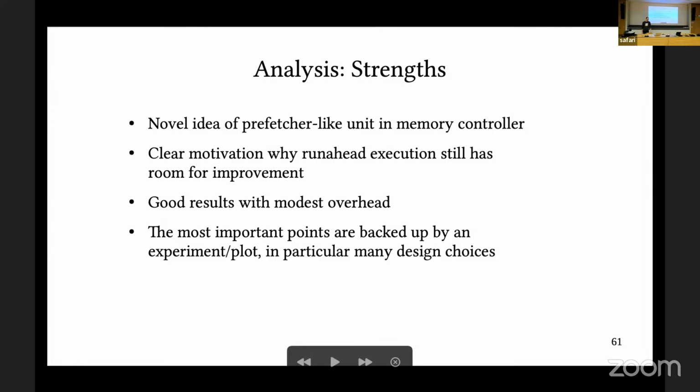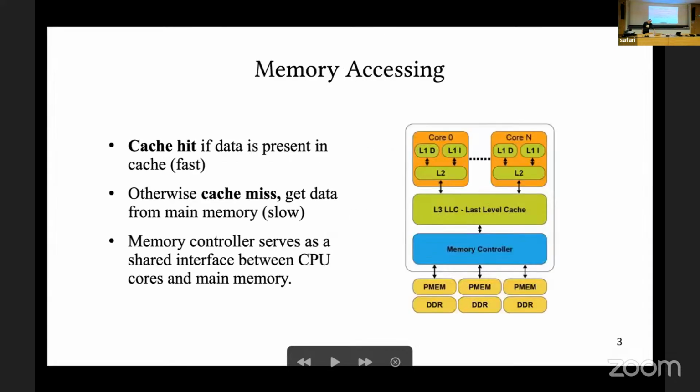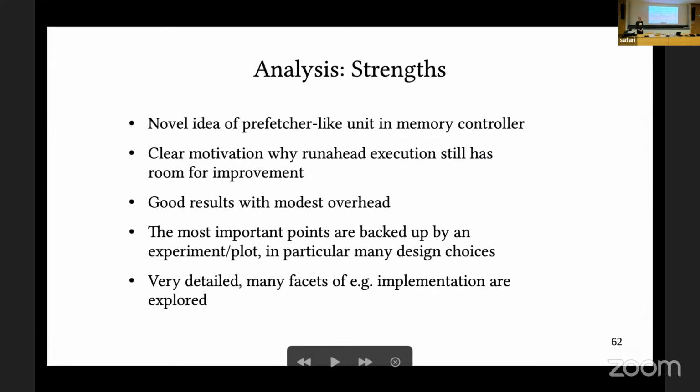A bunch of design choices are motivated this way, even though they wouldn't necessarily have to be. It's also pretty detailed. It's long, but it doesn't waste any space, it feels like. It goes into many different aspects of the implementation and tries to be very precise.